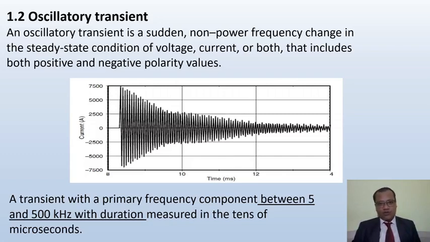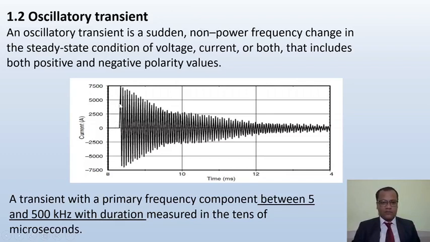The direction of an oscillatory transient may be positive and negative, so it comes in both directions, and at this point it differs from the impulsive transient. In the case of an impulsive transient the direction is unidirectional, but in an oscillatory transient it is in both the positive and negative directions.